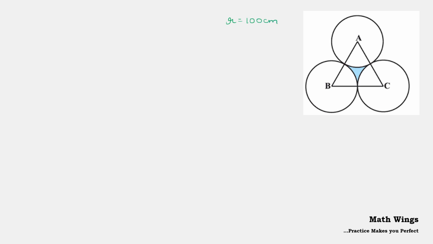We have the area of triangle ABC, that is equal to 17,320.5 centimeter square. What else? We have the angle theta, which is the central angle, that is equal to 60 degree.